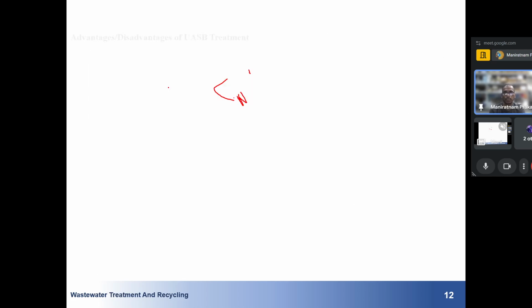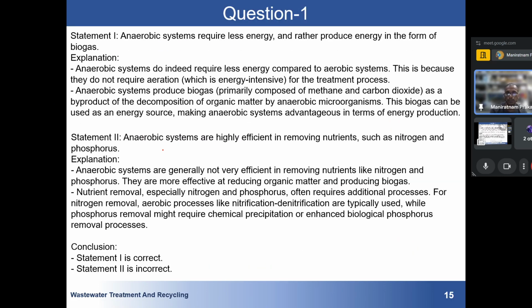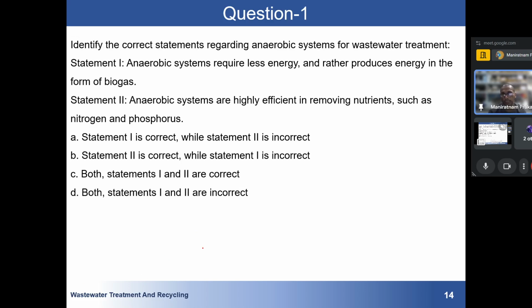So this was one of the disadvantages, no nitrification of the effluent. So the first statement is correct, that it requires less energy and produces energy in the form of biogas, that is CO2 and methane.